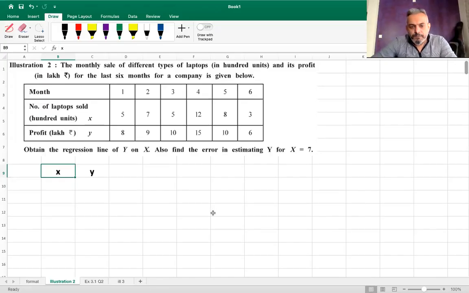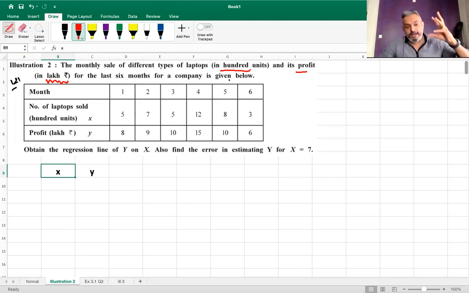Now, we will be doing one more sum, that is illustration number 2 from the textbook, page number 121. The monthly sale of different types of laptops in 100 units and its profit in lakh rupees for the last 6 months of a company is given below.